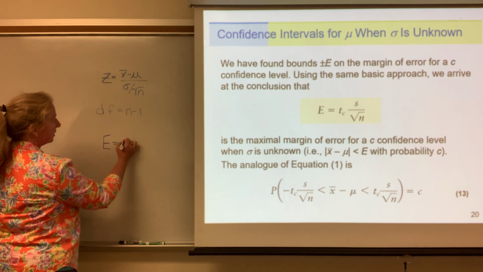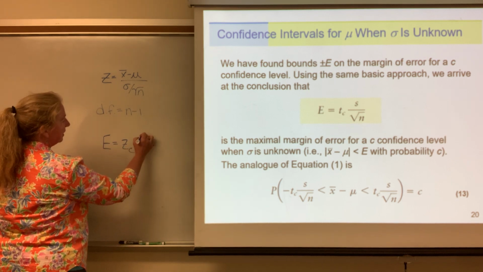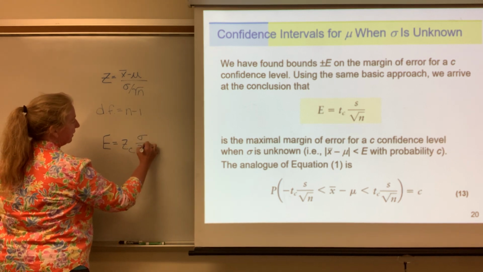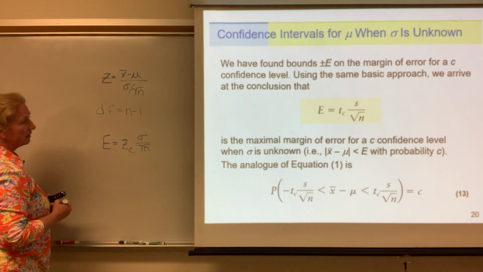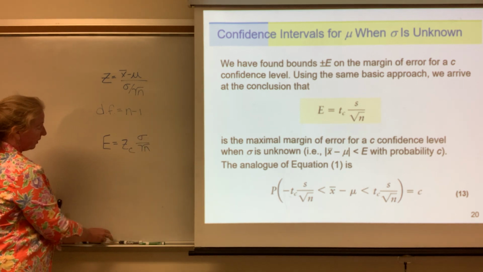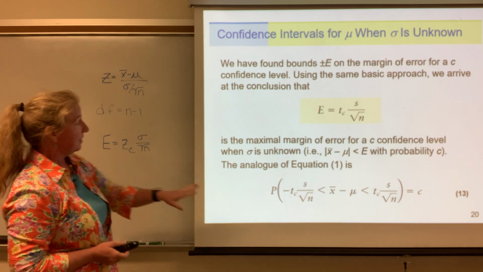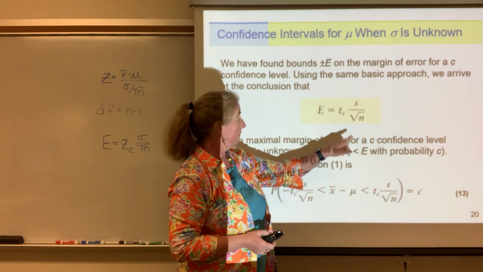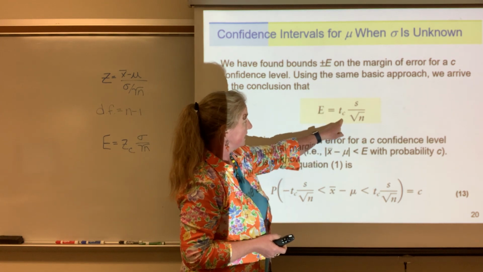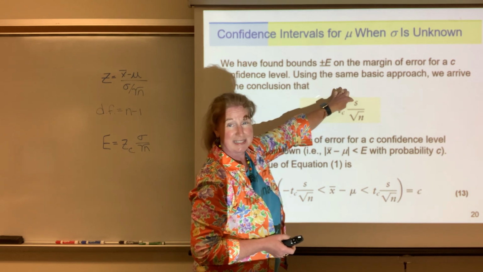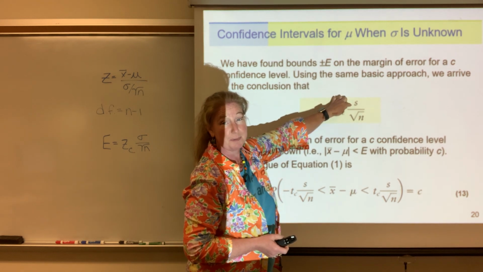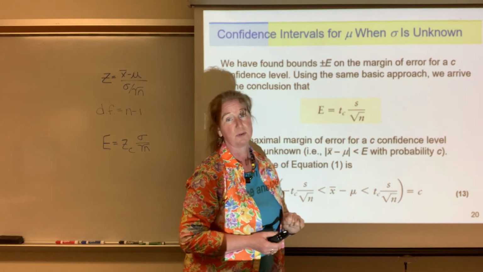So it was error equals Z sub C sigma over the square root of n. Okay, that's my error formula for Z. My error formula for T is error equals T sub C times the standard deviation of a sample, so s, divided by the square root of n.